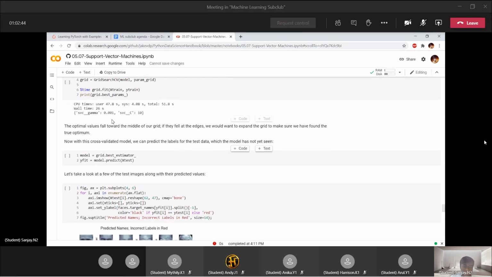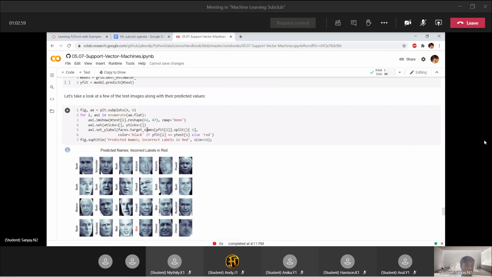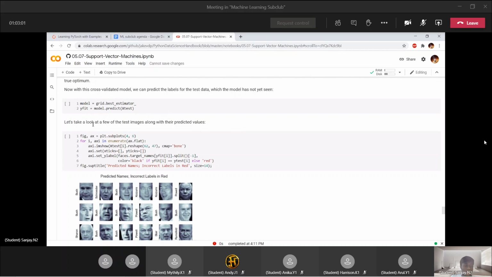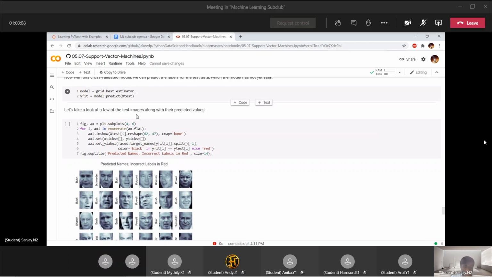And then we figure out the best set of hyperparameters, which apparently is 0.001 for SVC gamma, and for the C, or the error mitigation variable, the optimal value is 10. And now we can finally predict the model by selecting the best estimator model from the grid search, and then predicting the values it gives us.